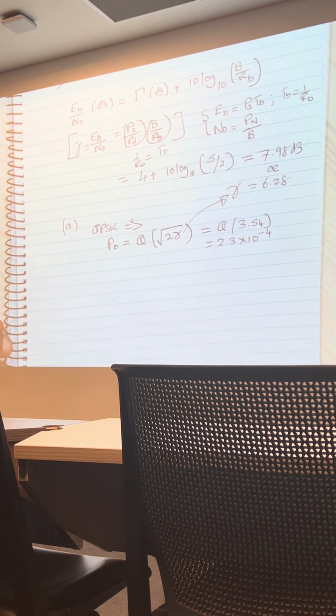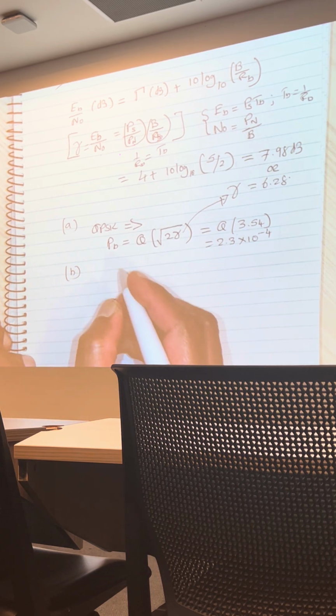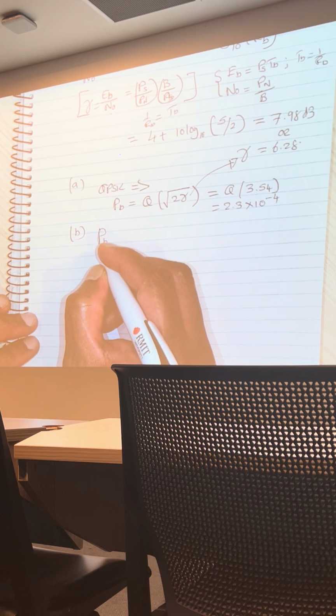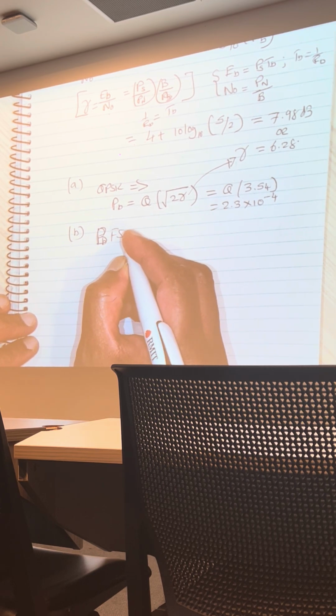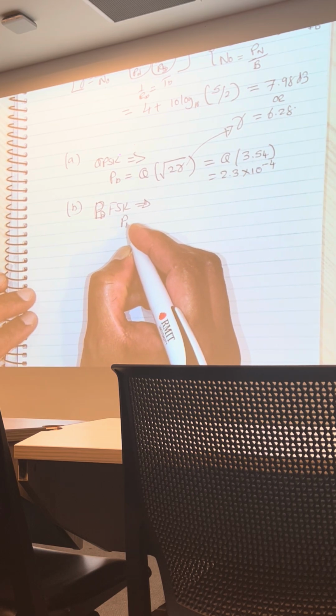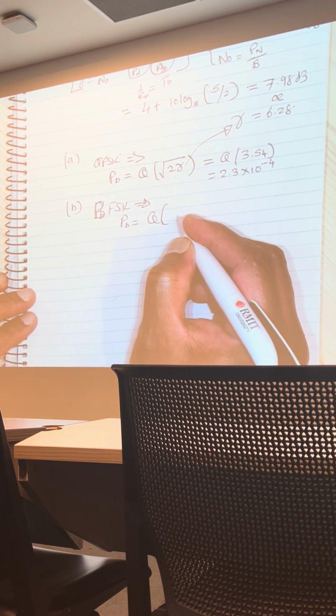Then part B is for binary FSK modulation. Same process for binary FSK modulation, and your bit error probability there would be Q of square root of gamma.